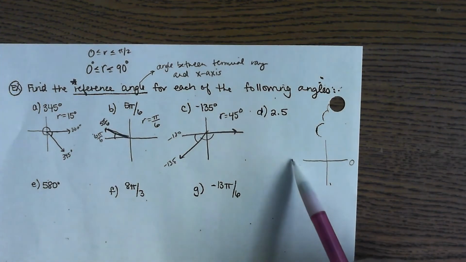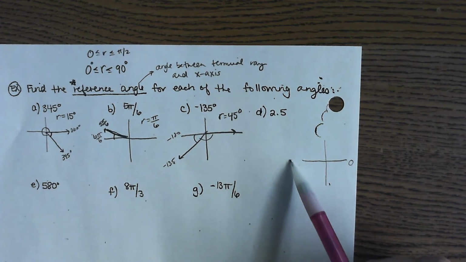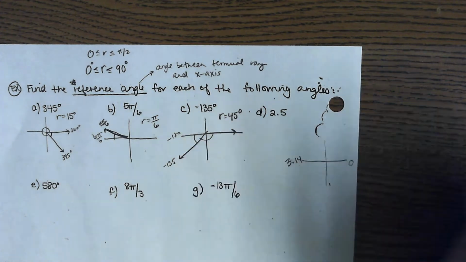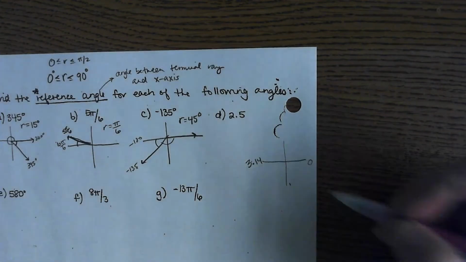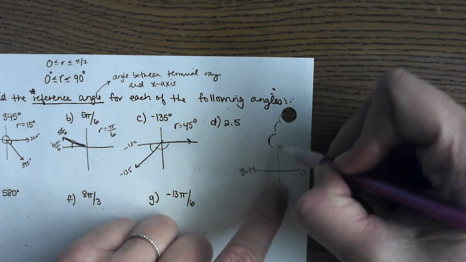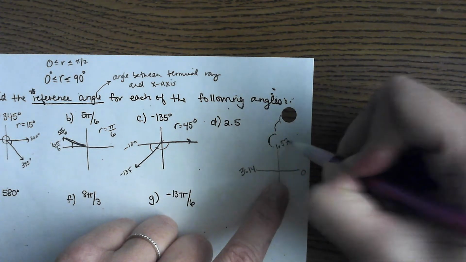So we all know that this is pi, correct? What is pi? What number is that? Pi radians is 3.14. And so if you want another frame of reference, halfway to 3.14 is 1.57.